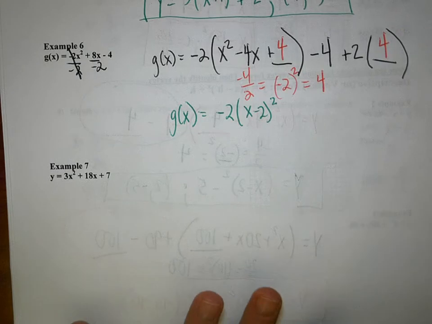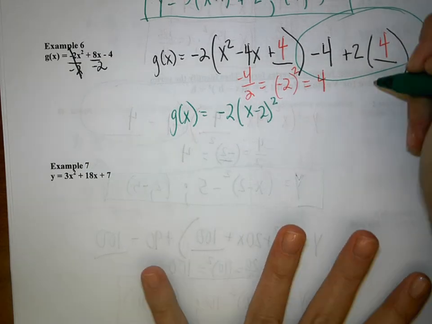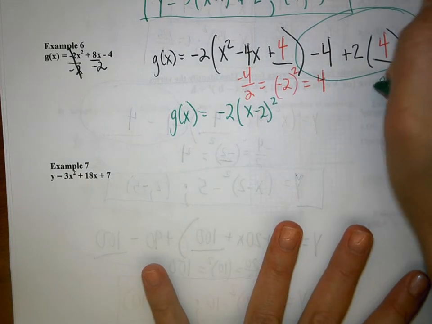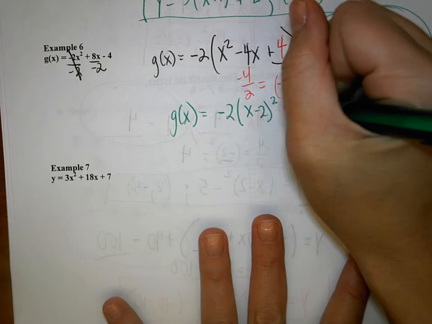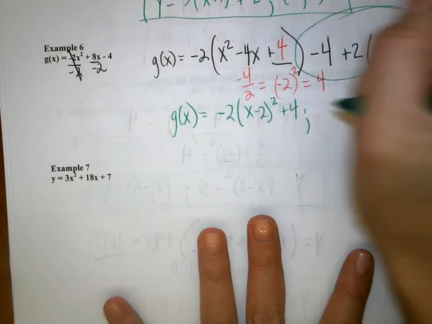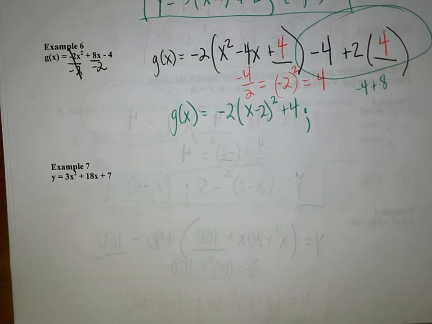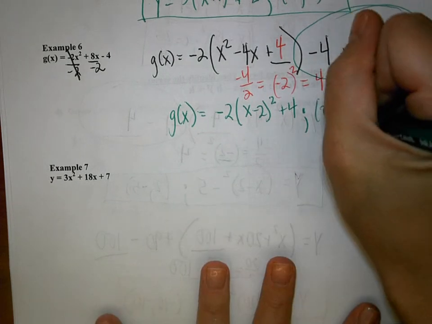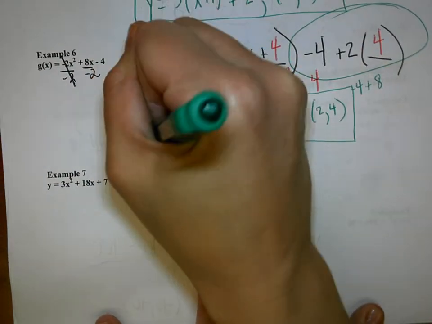And then at the end, what am I going to do here? Taylor. You are going to multiply 4 times 2 and then subtract. Good, which makes what? 4. Perfect. And then last is, what is my vertex? Alexandra, what's my vertex? 2, 4. Perfect. 2 comma positive 4. And that's our answer. Okay, questions?